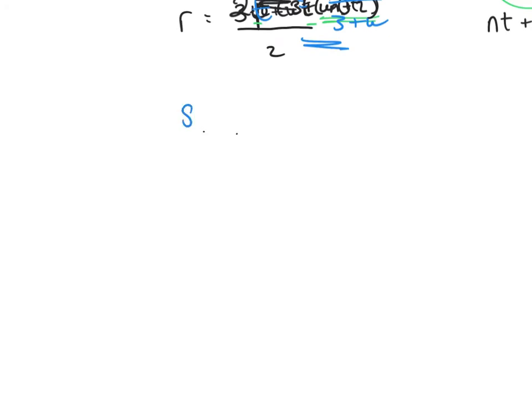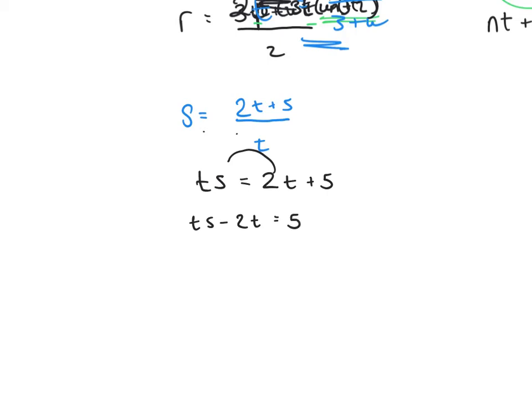Okay, next one, s equals 2t plus 5 all over t. First of all, we can get rid of the divide by t by multiplying by t, so that would be ts equals 2t plus 5. We can now bring that across, and ts minus 2t is equal to 5. I'm now in a position to factorise to isolate t.